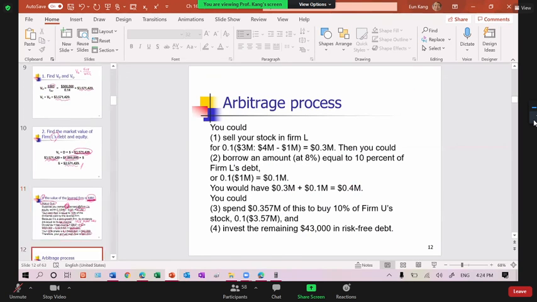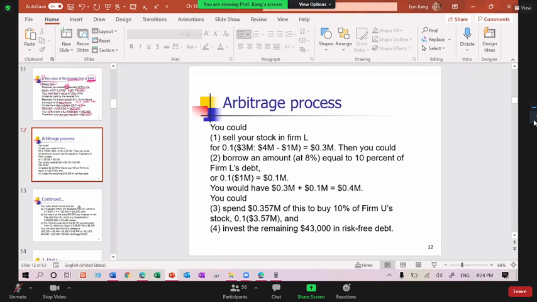Then the arbitrage process is like this. As I said, stock L is overvalued, so you sell the overvalued stock.